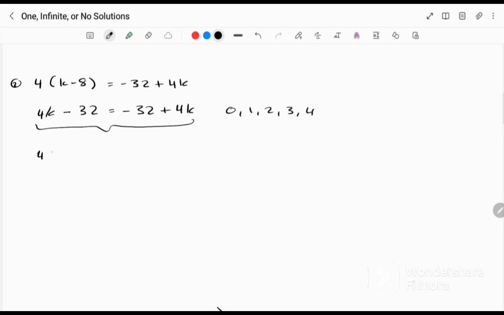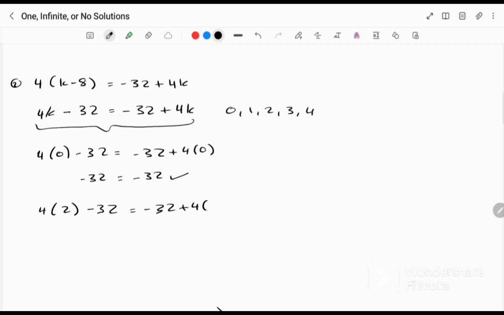So if I have 4 times 0 minus 32 is equal to negative 32 plus 4 times 0, we have negative 32 is equal to negative 32, which is a true statement. If I place, say, instead of 0, I place 2 in the place of k, then I'm going to have 8 minus 32 is equal to negative 32 plus 8.